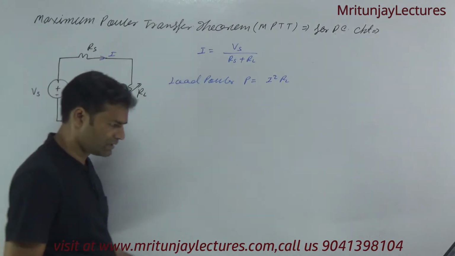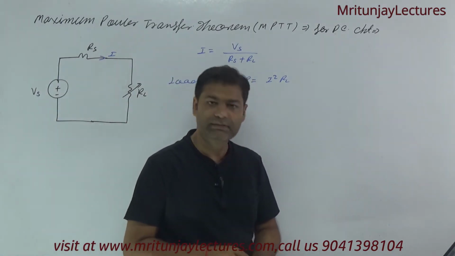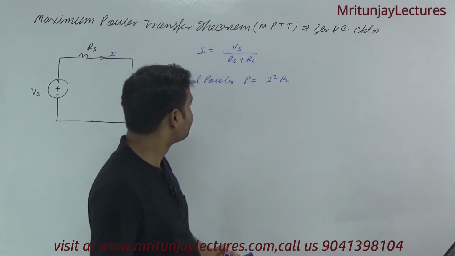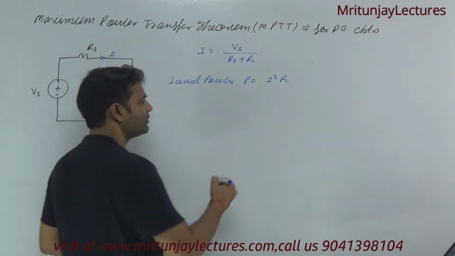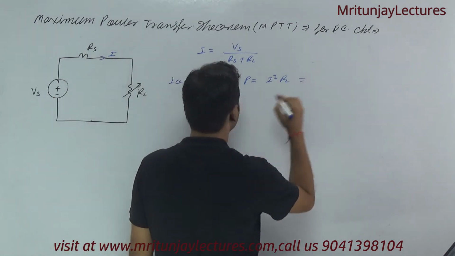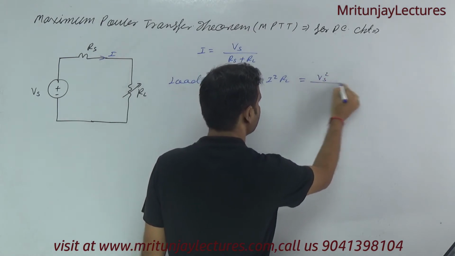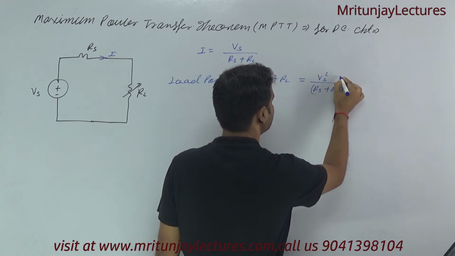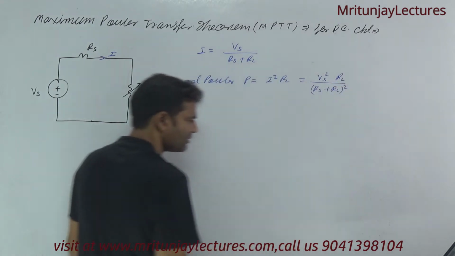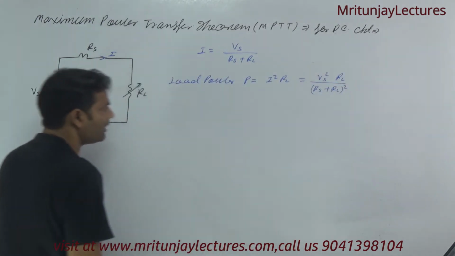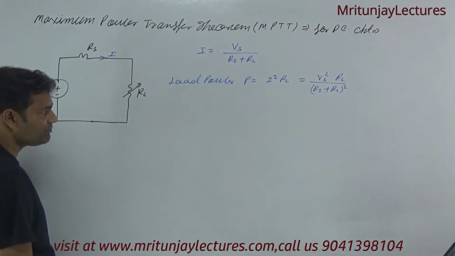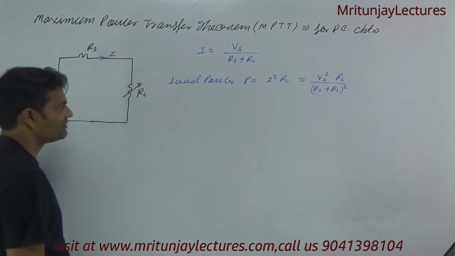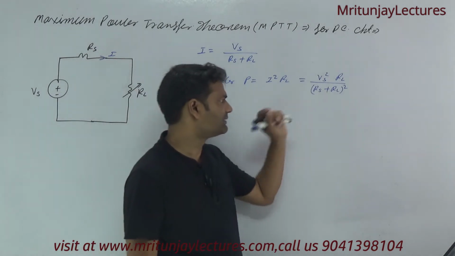Clear? So substituting I, we get Vs square upon (Rs plus RL) the whole square, into RL. Okay, our motto. What is the meaning of this? Load power like this one.